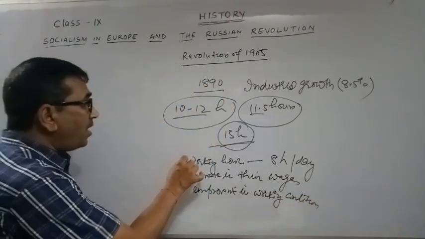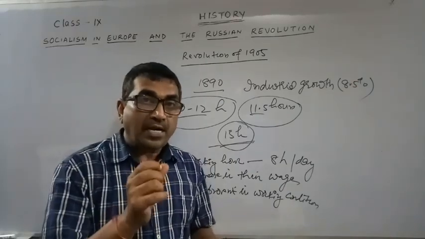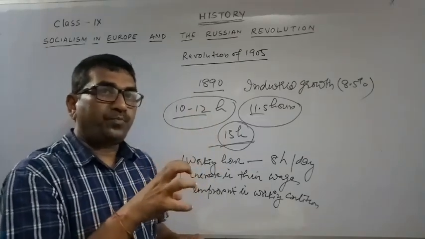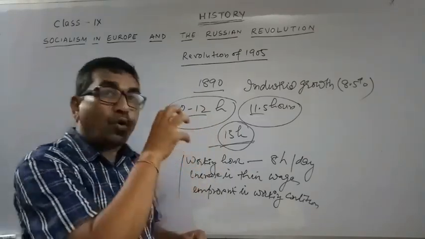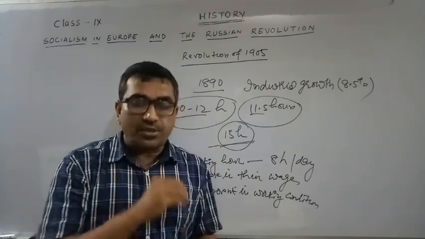Why were they making this demand? Why were their plights like this? Their plight was not only that they had to work for long hours and were paid less. There were some other conditions.